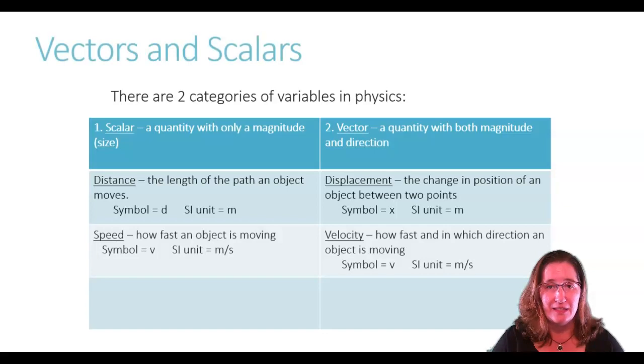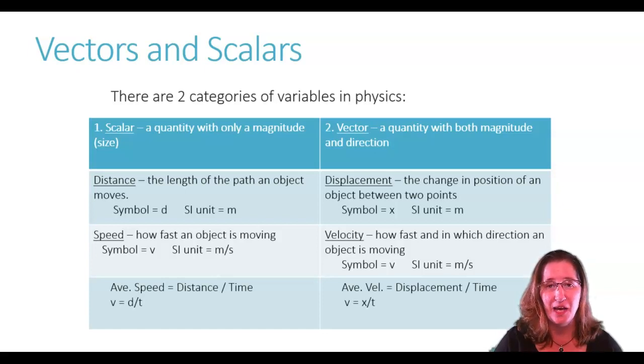How that relates then to the next thing is speed. So how fast something's moving without a direction is considered speed. If you include what direction you've gone, then it's velocity, which is a vector. Notice that speed usually has a symbol v, just like velocity. So a lot of times, just by looking at the numbers in a problem, it's hard to tell if something is indicating speed or velocity, or if you just are given an equation.